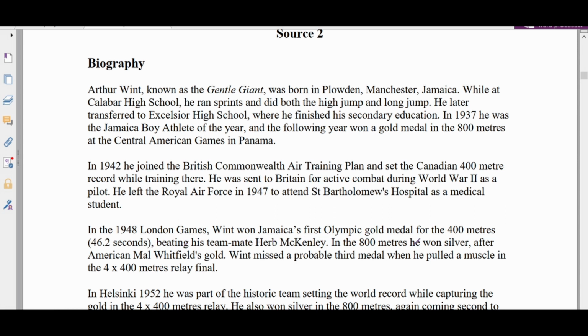In the 800 meter, he won silver after American Mal Whitfield's gold. Wint missed a probable third medal when he pulled a muscle in the 4x400 meter relay final.